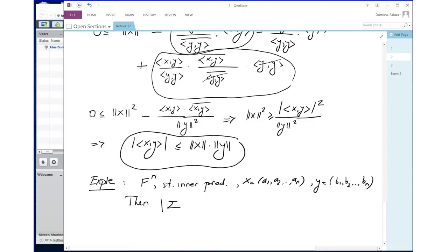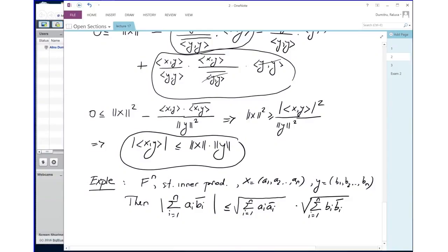The magnitude of the inner product, the standard inner product, which is the sum of a_i b_i conjugate, is less than or equal to the norm of X, the square root of the inner product between X and itself, so the sum from i equals 1 to n of a_i conjugate, times the norm of Y, the sum from i equals 1 to n of b_i conjugate.